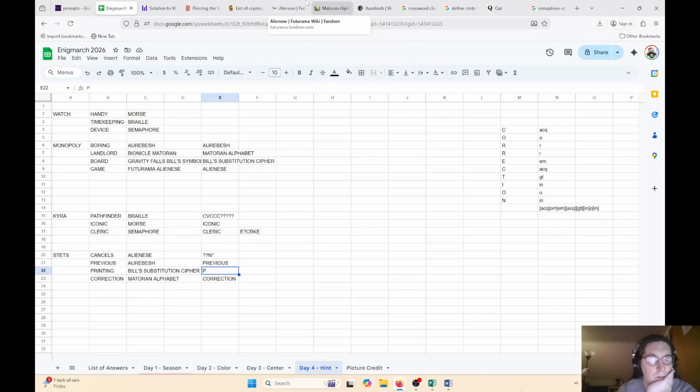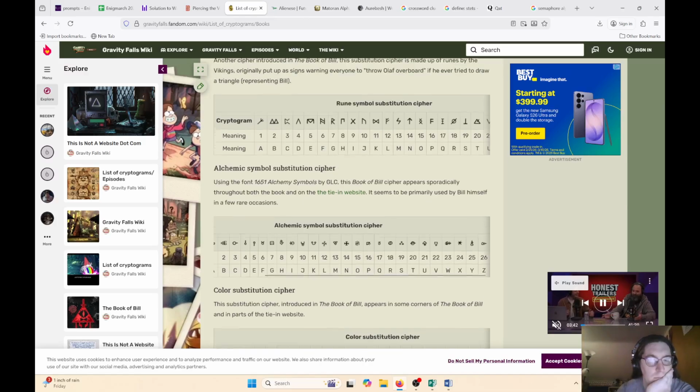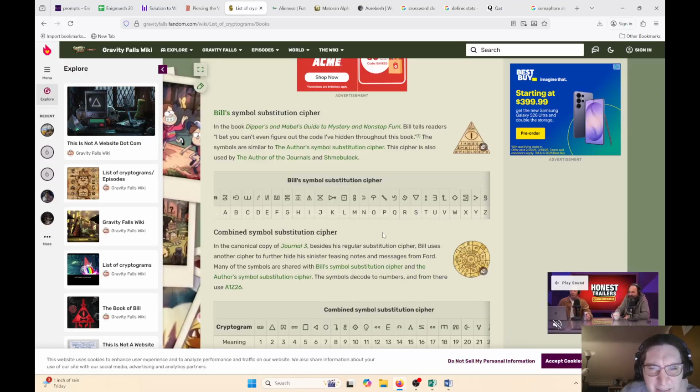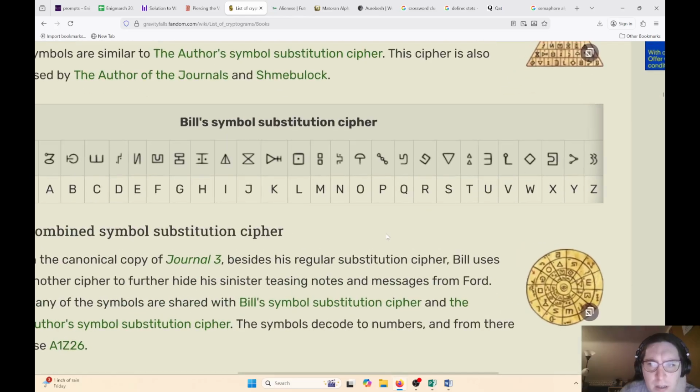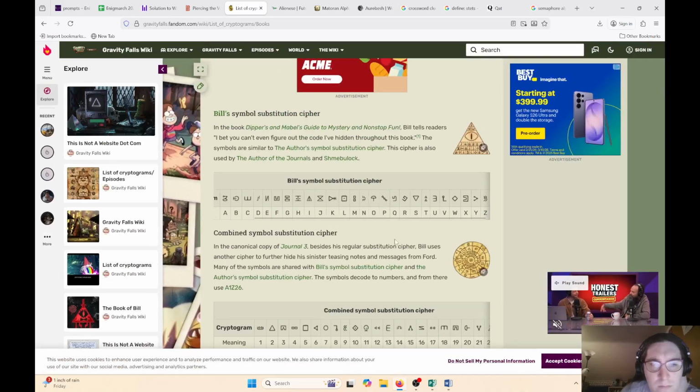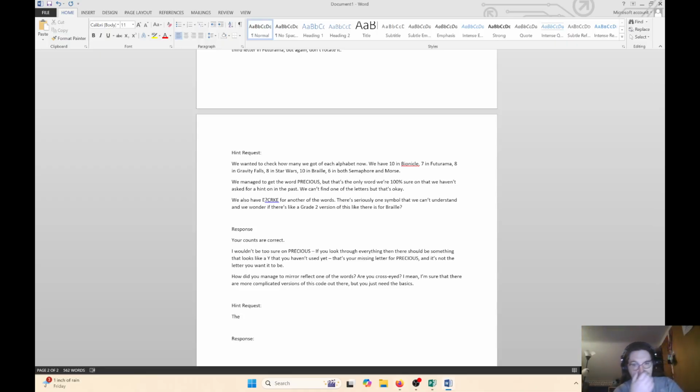Bill's substitution cipher. Okay. Just checking.